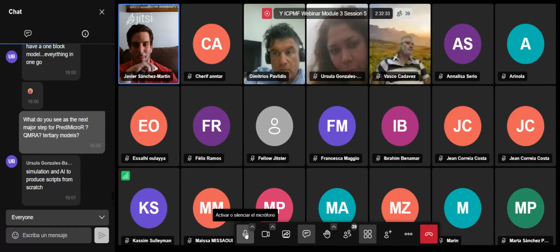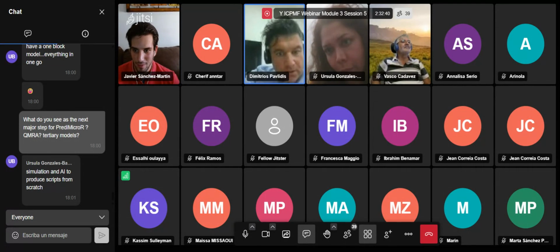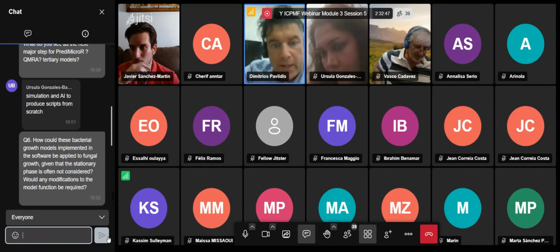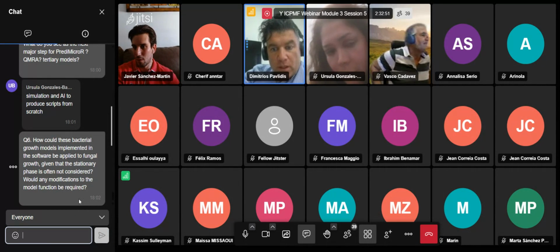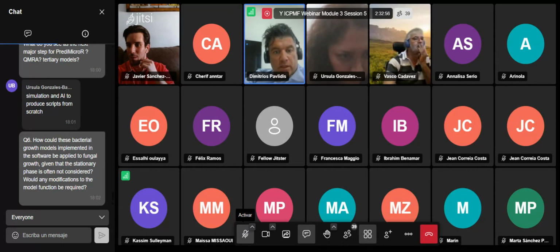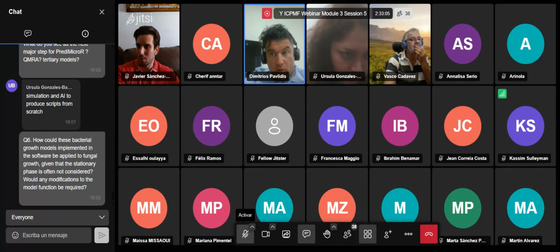Okay, and Dimitrios, do you want to finish with the last one? Yeah, another last question. How could these bacterial growth models implemented in the software be applied to fungal growth, given that the stationary phase is often not considered? Can this model for bacteria be transferred to fungus? Would any modification to the model function be required?